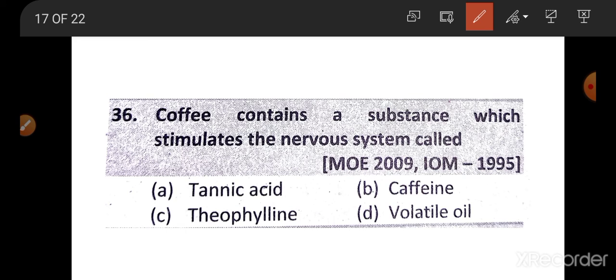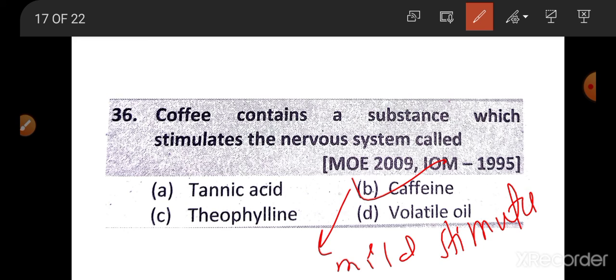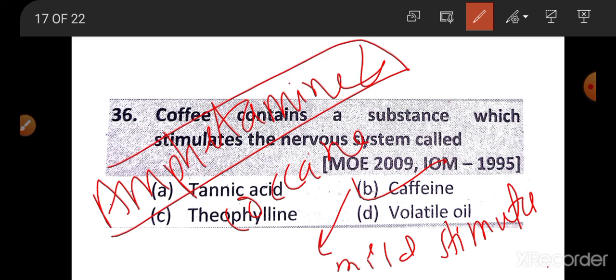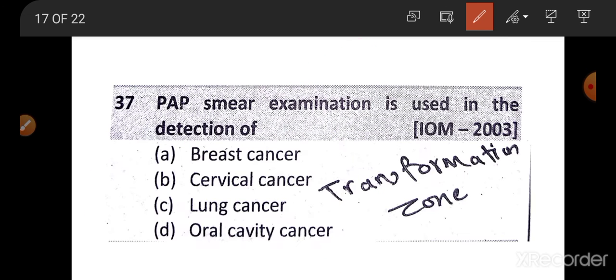36. Coffee contains a substance which stimulates the nervous system called caffeine. That is a mild stimulant. Also, tea contains caffeine. Strong stimulants are amphetamine and cocaine, while mild stimulant is caffeine.